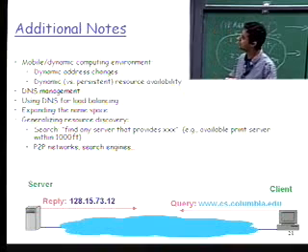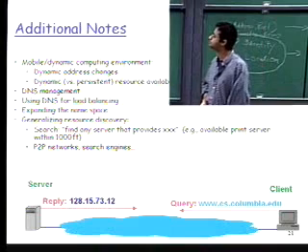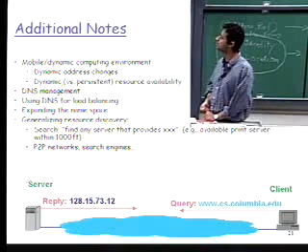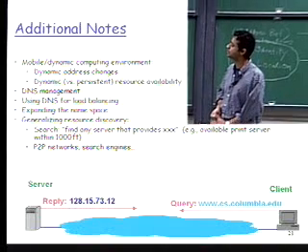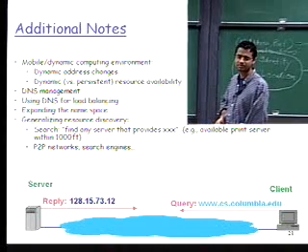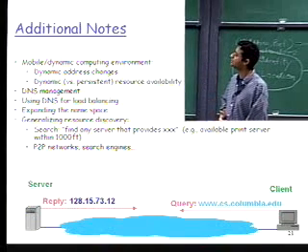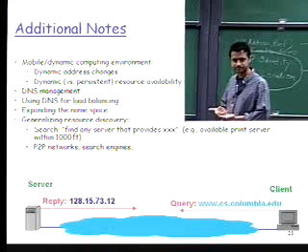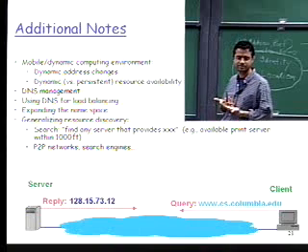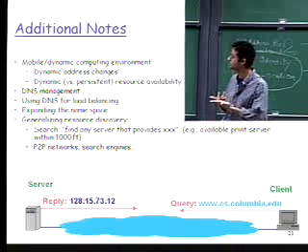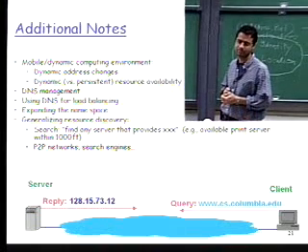Additional notes, we already spoke about the limitation of the architecture, where it's not very amenable to mobile or dynamic computing environments, where your identity remains constant but your location changes. With this system, your identity and location are tied together, so there has to be a way to decouple that, and either you can hack DNS, add some kludges which will let you do that, or you can come up with a different naming system altogether.